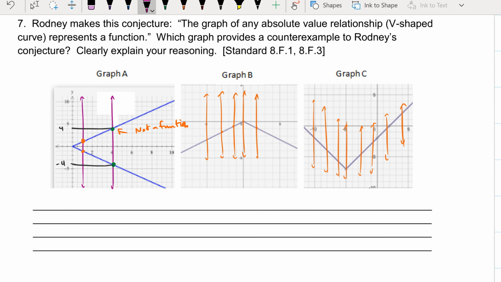Okay, clearly explain the reason. I would say Renee's conjecture is incorrect.